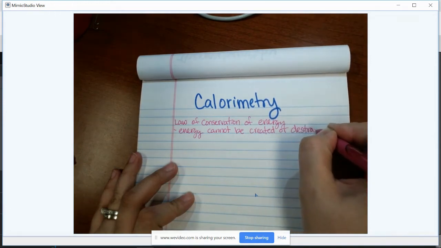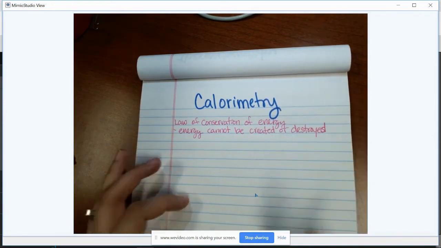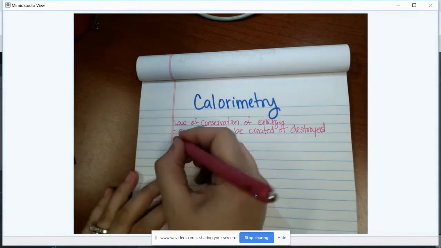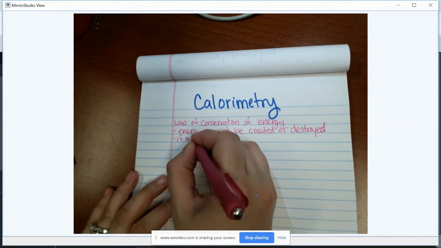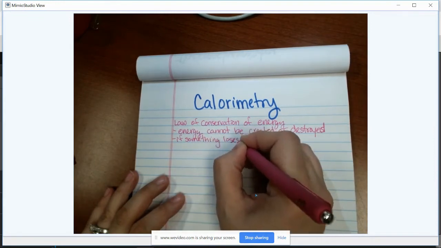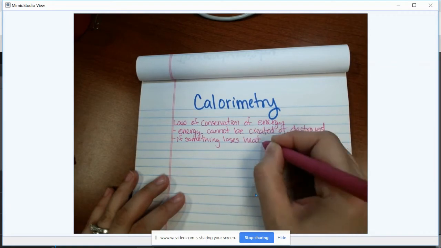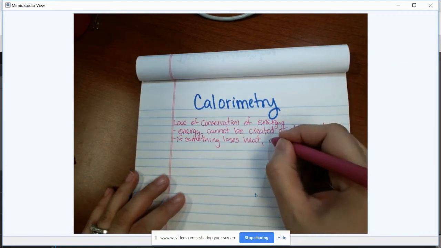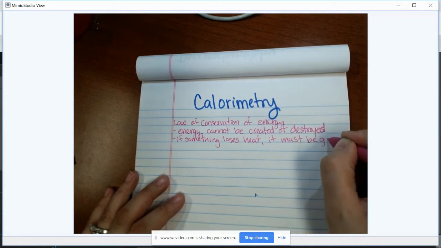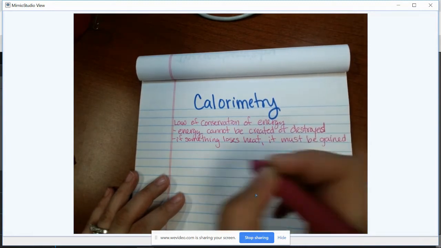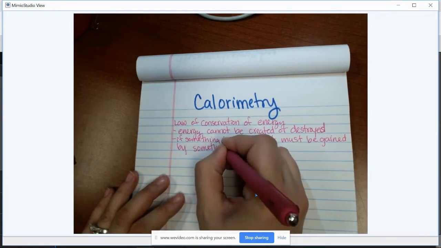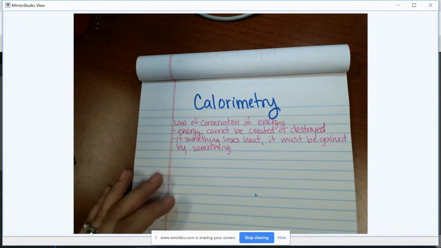What that means in terms of what we're looking at is that if something loses heat, then that amount of heat must be gained by something else. So there's always transfer of heat happening.